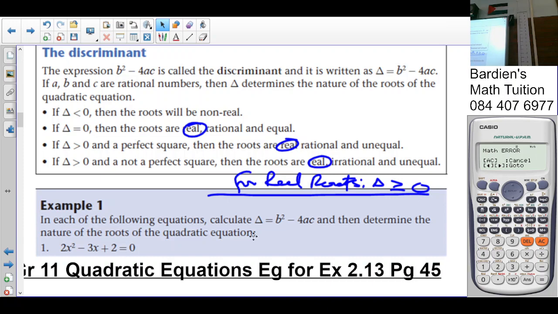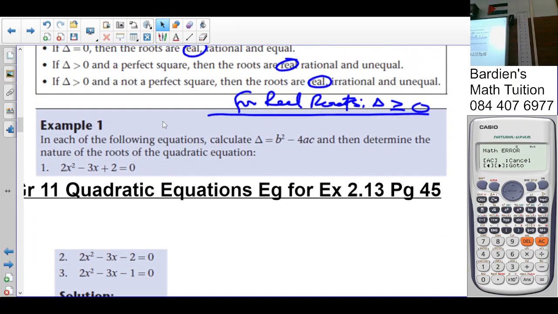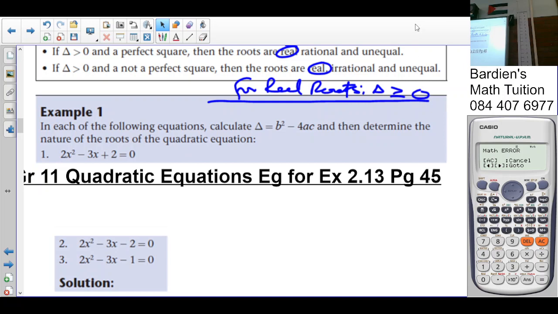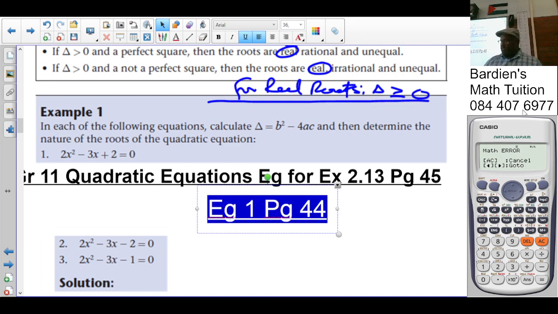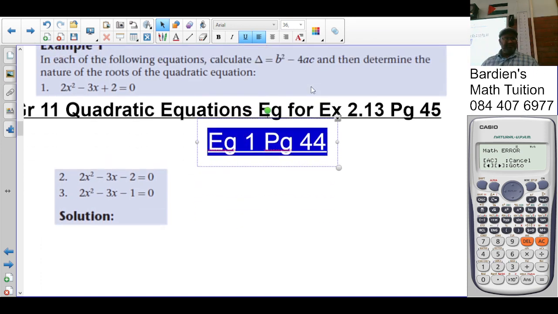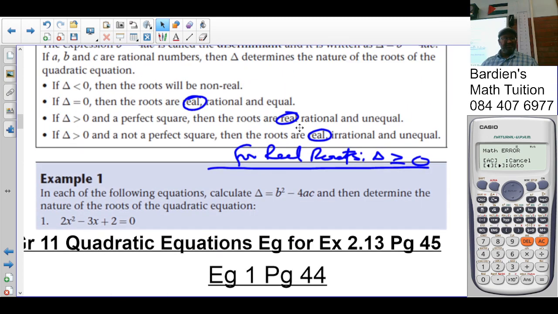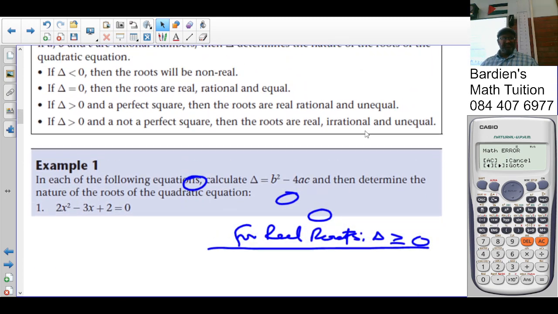So let's carry on. We're looking at example 1, which is on page 44.